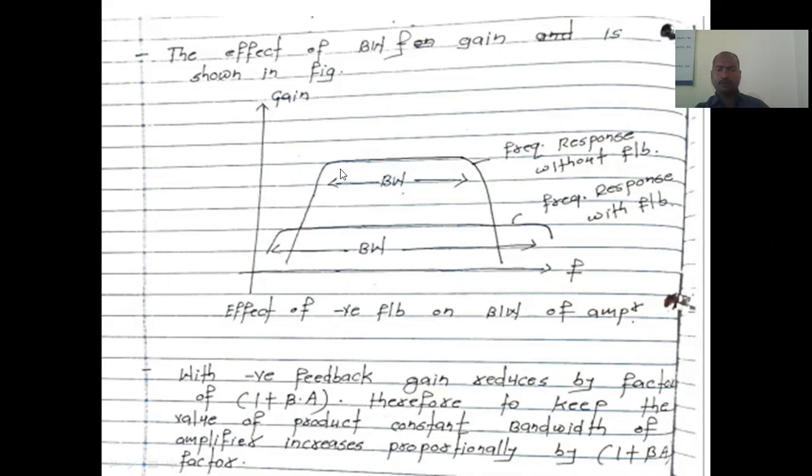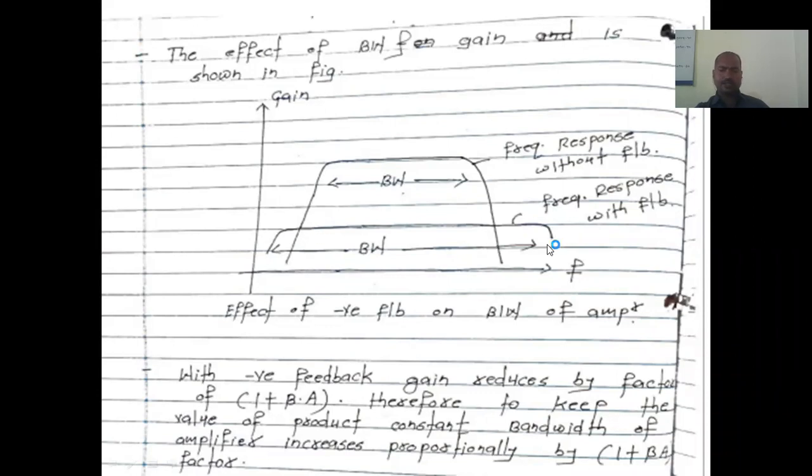So when we are not applying any feedback, the gain of the amplifier, here is the gain, is more, and the range of frequency, the bandwidth, is less. So in the case of your amplifier, when we are not applying any feedback, the gain is more and the bandwidth is less.